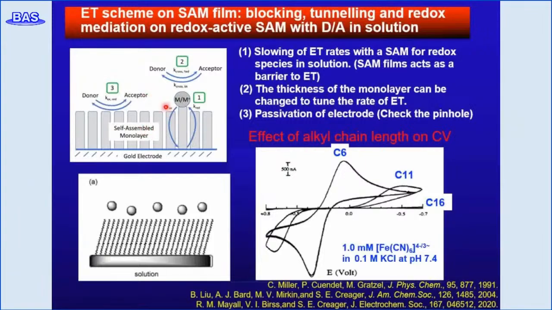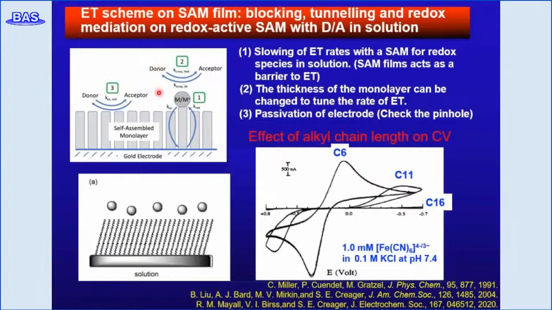There are different electron transfer pathways possible. Depending on the thickness of alkyl chains, electron transfer blocking or tunneling is considered, for both redox species from the solution or redox-active SAM with anchoring group.